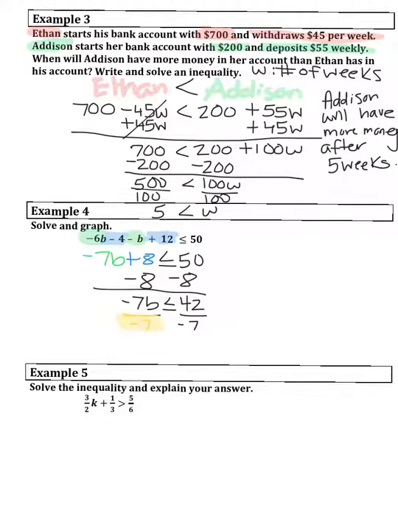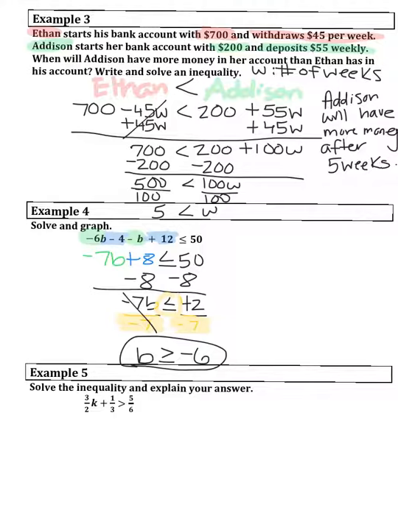Because we are dividing both sides by negative 7, this inequality symbol is going to change. We get B is now greater than or equal to negative 6. You must flip the inequality symbol only when you are multiplying or dividing both sides of the inequality by a negative. It's a special rule.